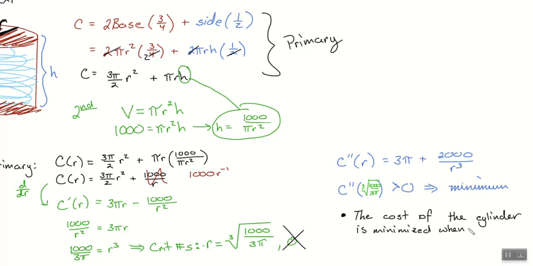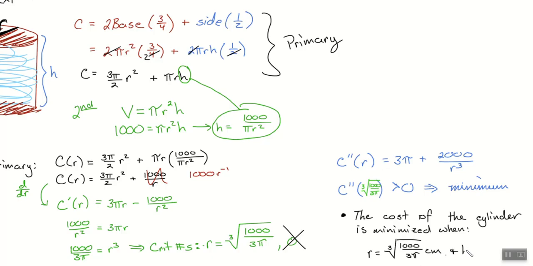When, and here we go. The radius, what did we find it to be? The cubed root of 1,000 over 3 pi. And then I just need you guys' help because I don't remember. What's the unit on these? Centimeters?